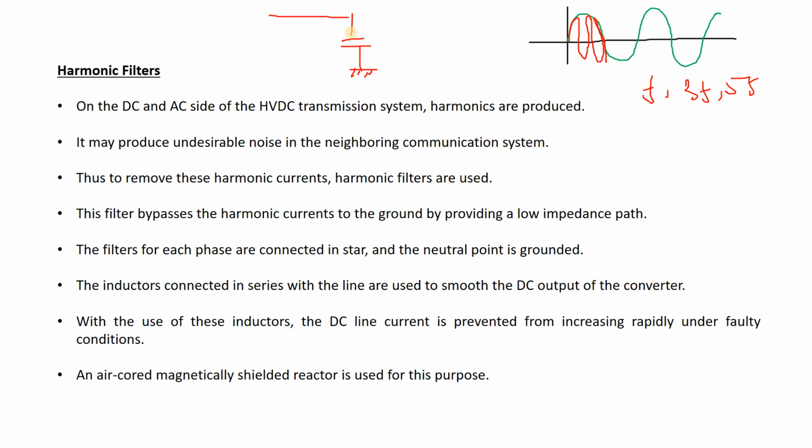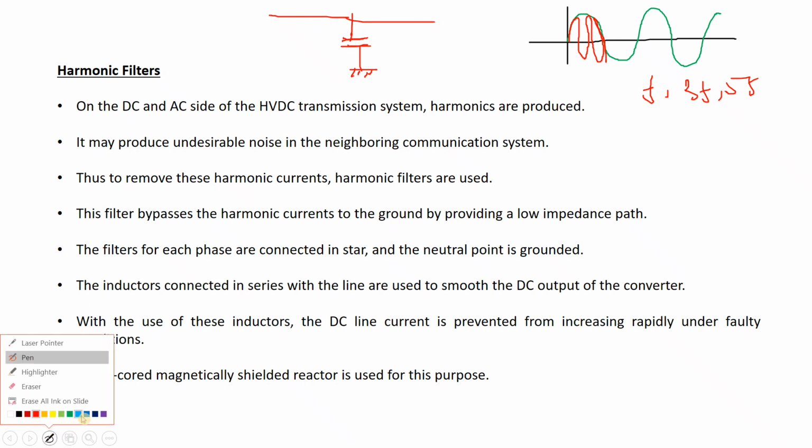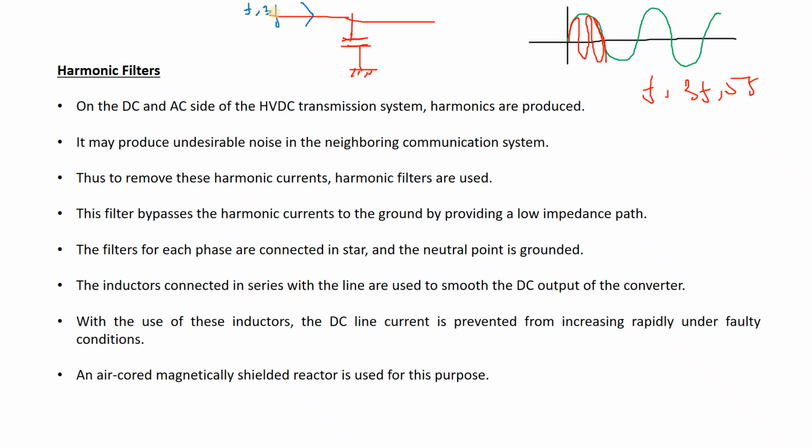So if you use a capacitor with respect to ground, what happens when the power transmits in this direction? Suppose 50 Hz, frequency F, is there, and along with that there are 3F frequencies. The power is transmitting from one end to another, and the frequencies are also transmitting simultaneously.